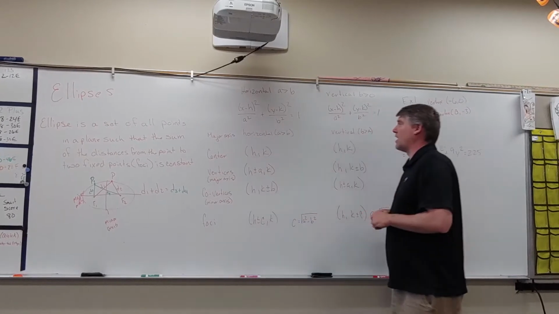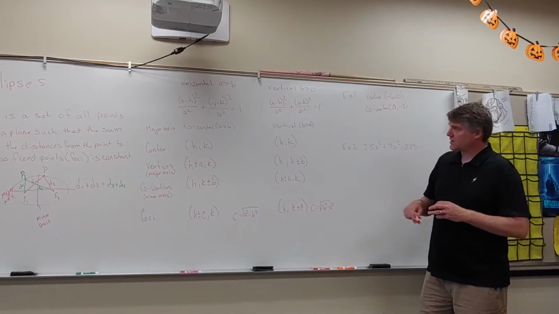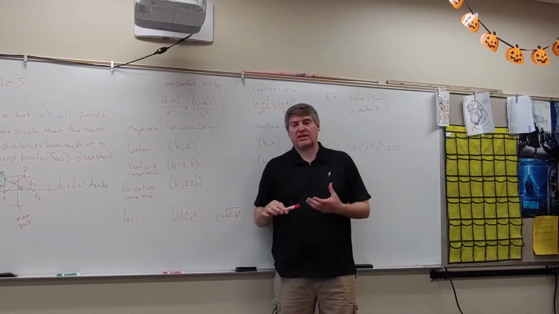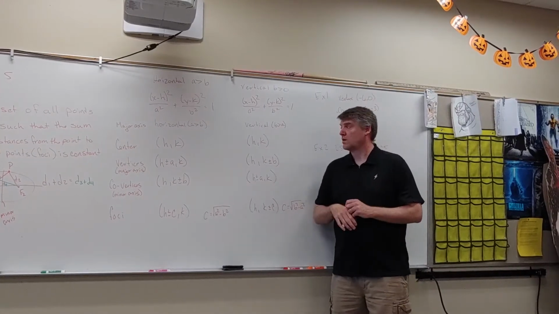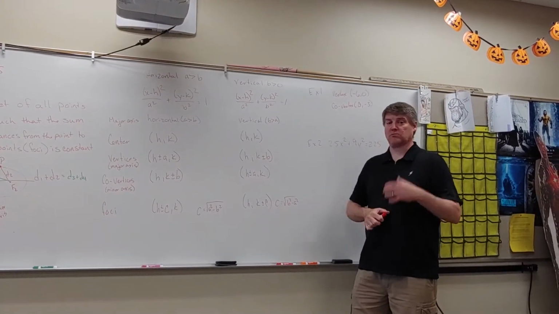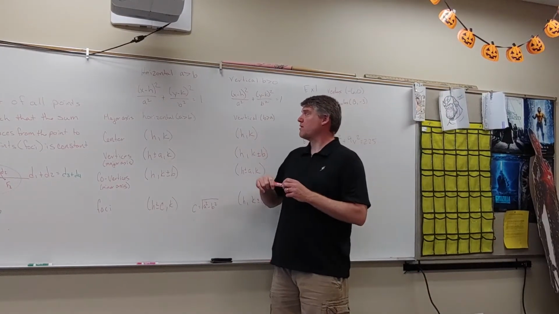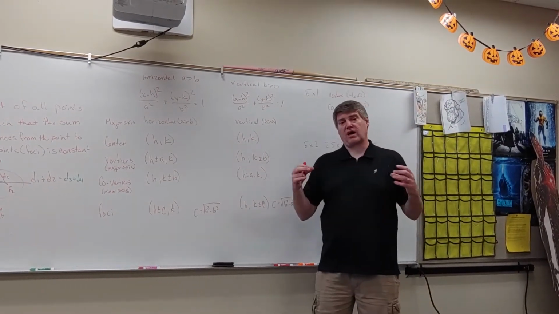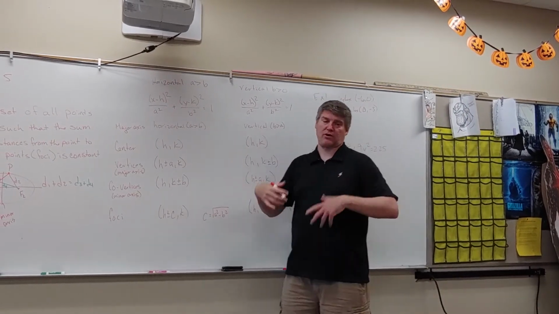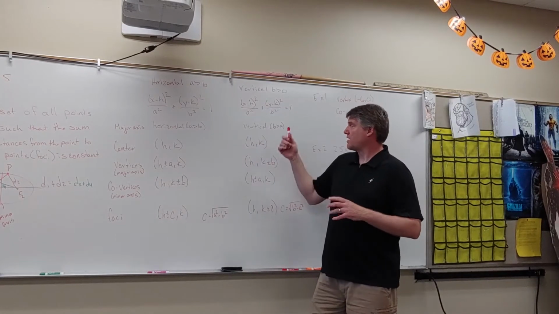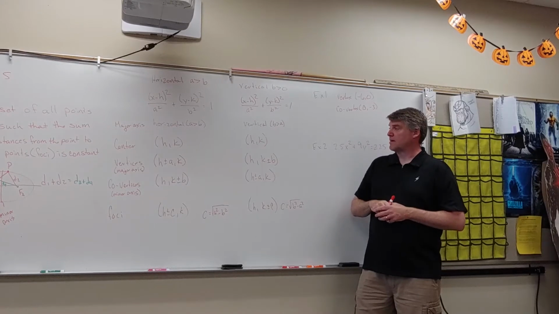So here we have our basic equations for it. This puts us at a center that is not necessarily the origin, so we can shift this around based on h and k, moving it up and down and left and right. If I have a horizontal major axis, a squared is going to be bigger than b squared, or a is bigger than b. If b is bigger than a, then I have a vertical ellipse.